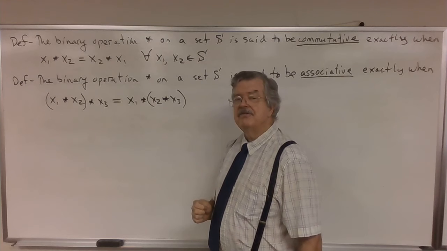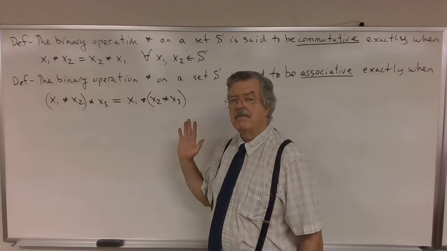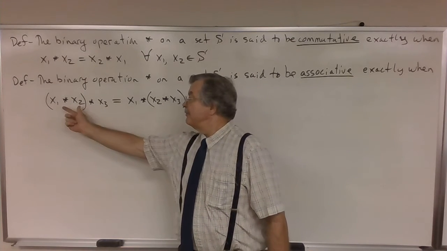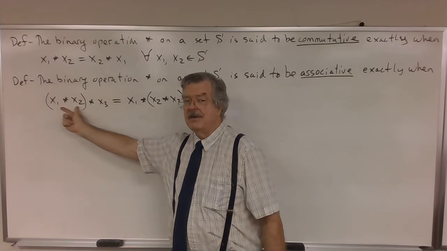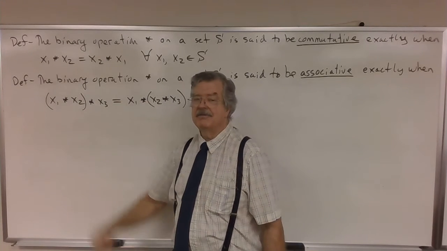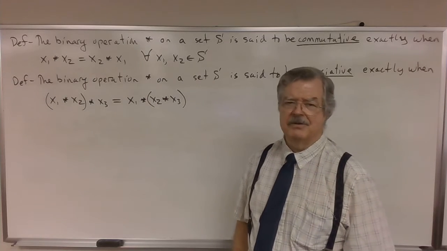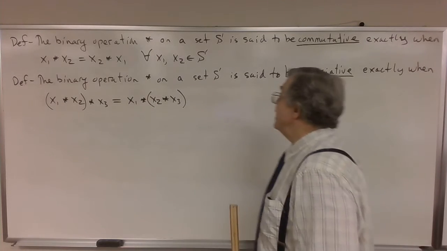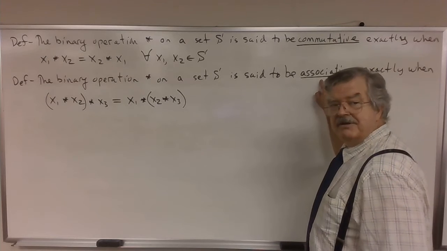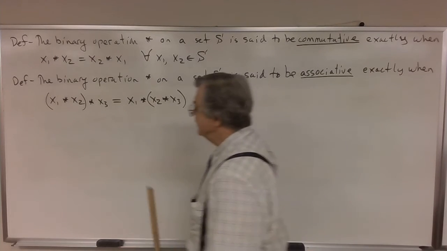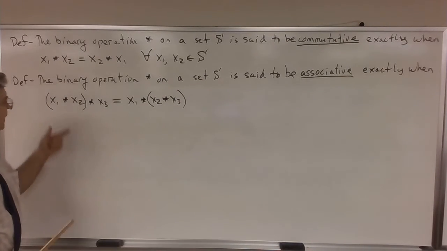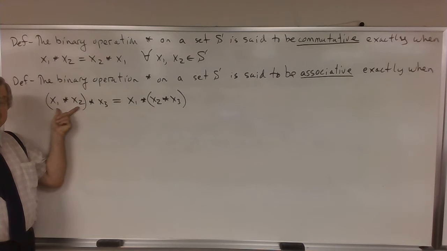If the operation is associative, it won't matter which 2 elements we associate with each other by the operation first. And that's sort of where we get the expression associativity. If the operation is associative, then it doesn't matter which pair of elements we associate with one another first. We'll get the same result either way.